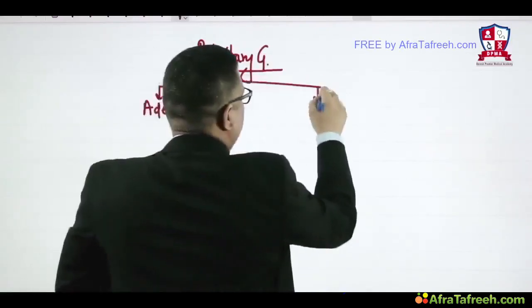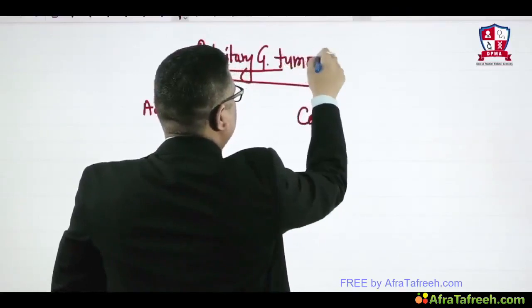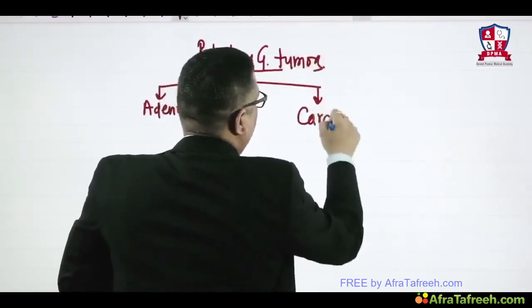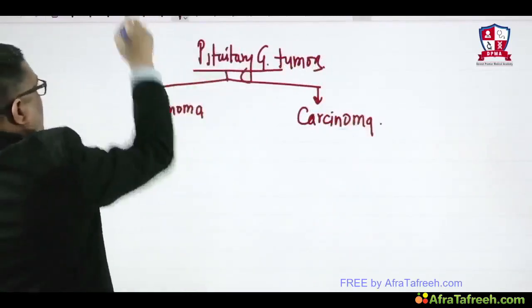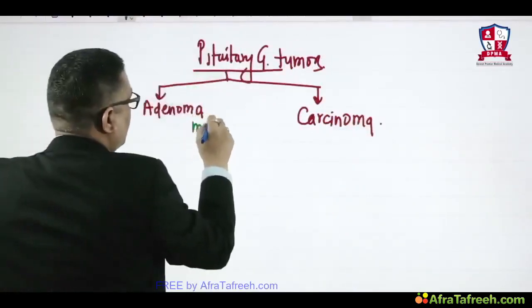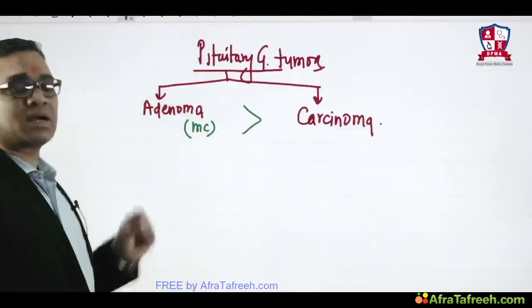And pituitary gland tumor can be carcinoma. So pituitary gland tumors can be adenoma or carcinoma, right? We should always remember adenoma is more common than carcinoma.